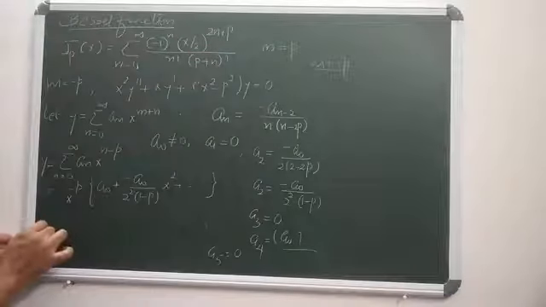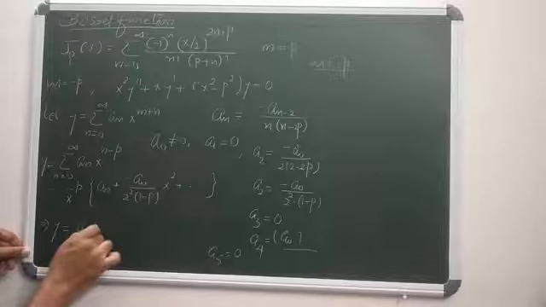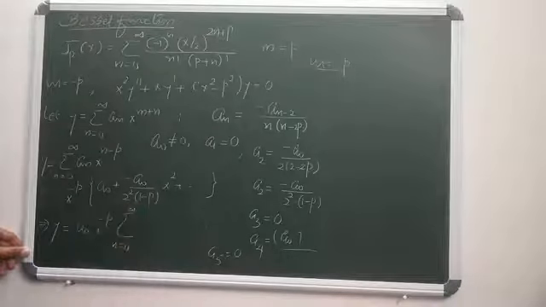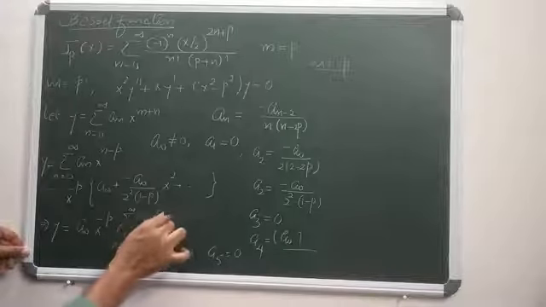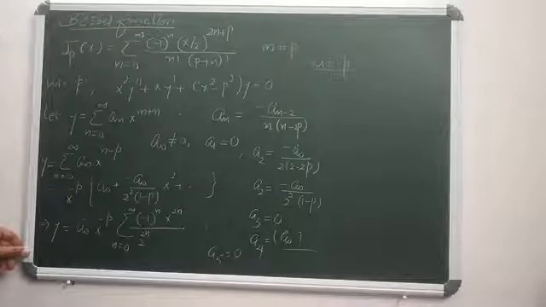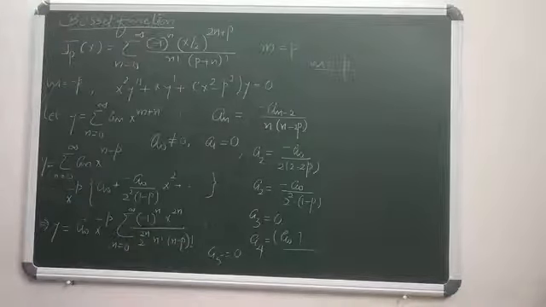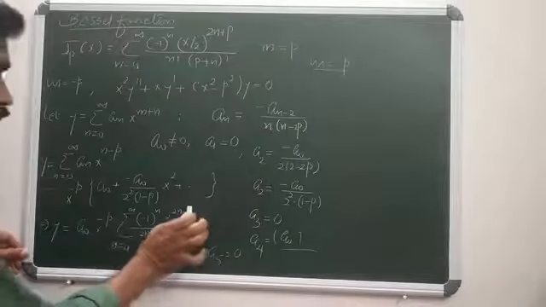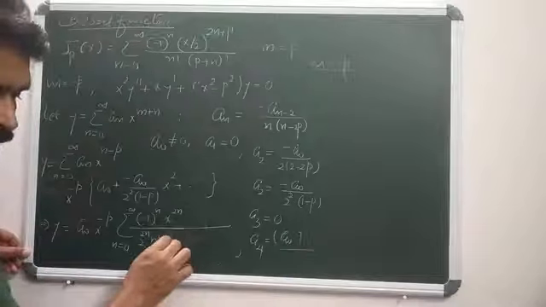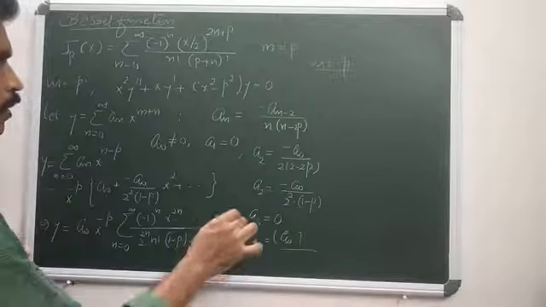Okay, so that means y equals a0, which is common, taken outside, into x to the power minus p into sigma n ranges from 0 to infinity, minus 1 power n, x to the power 2n all divided by 2 to the power 2n into n factorial into the product 1 minus p, 2 minus p, etc., up to n minus p.